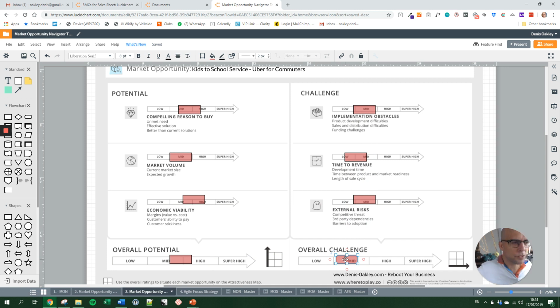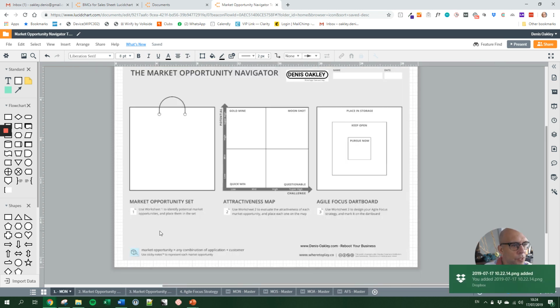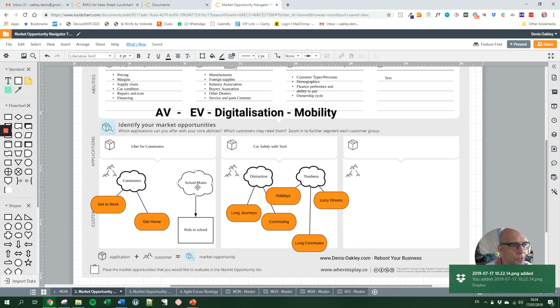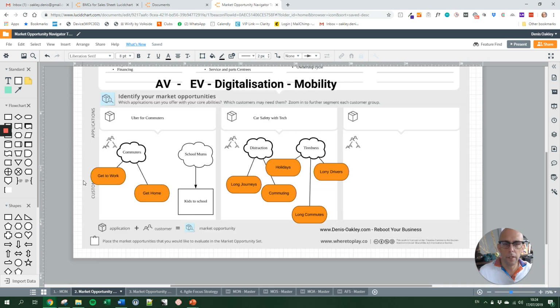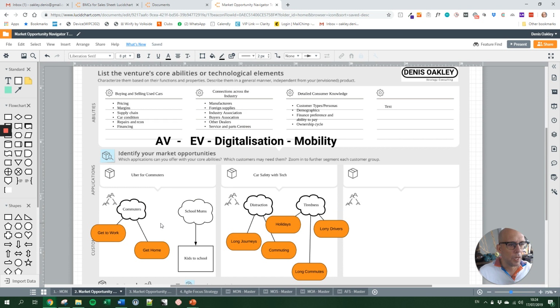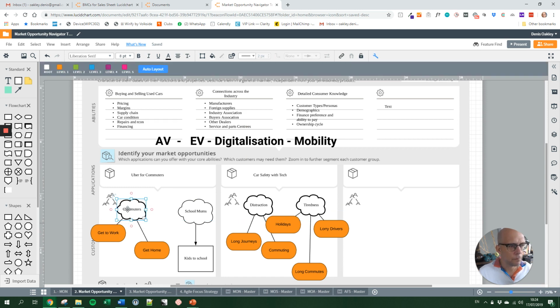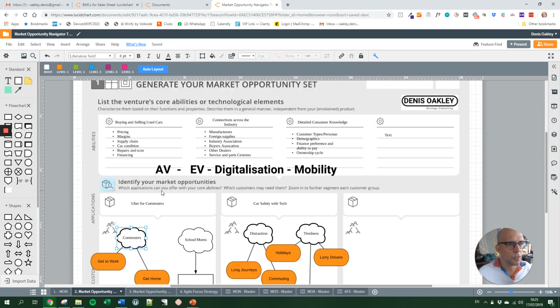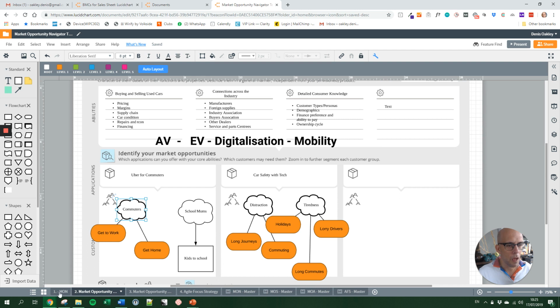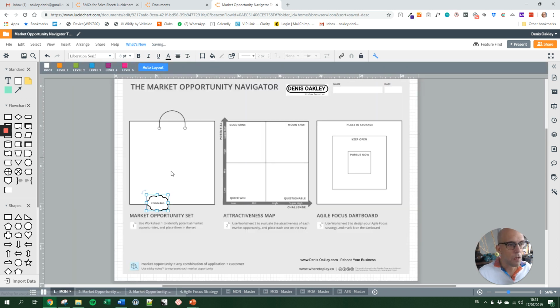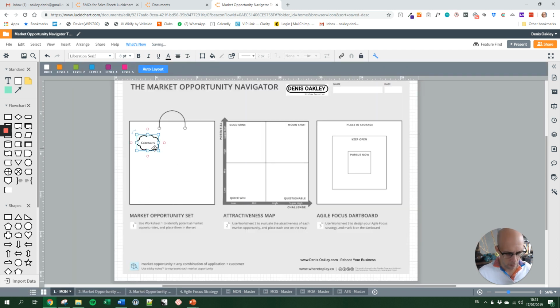Okay, so let's just go back. Let's just go to the market opportunity set. So we're going to put in, just bear with me a minute. The market opportunity set is commuters and... so commuters. Oops.